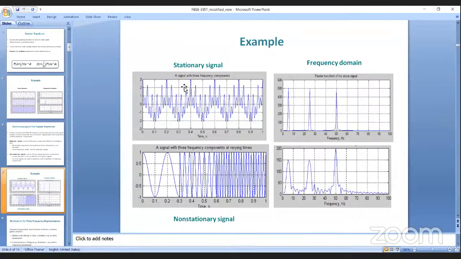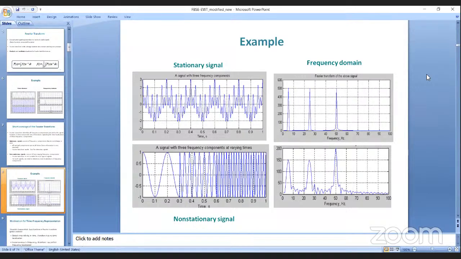When you apply the Fourier transform to the stationary signal and the non-stationary signal, you get the same spectrum for both cases. In both cases, it tells us only that three frequency components are present. But for the non-stationary signal, we also need time information together with the three frequencies; only then can this interpretation be done.